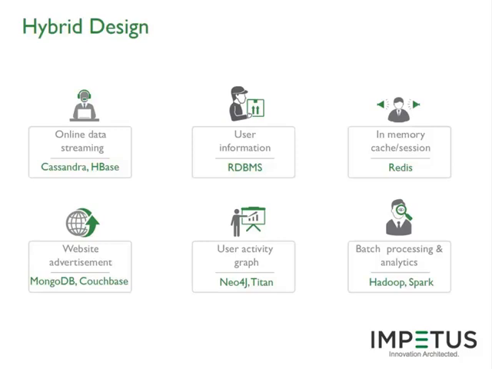Product catalog or portal advertisements need to be stored in MongoDB since they are documents. Similarly, server logs for batch processing and analytics is something which can be built using Hadoop. A faster in-memory cache or user session can be managed via Redis, and the user's activity graph can be built using Neo4j.